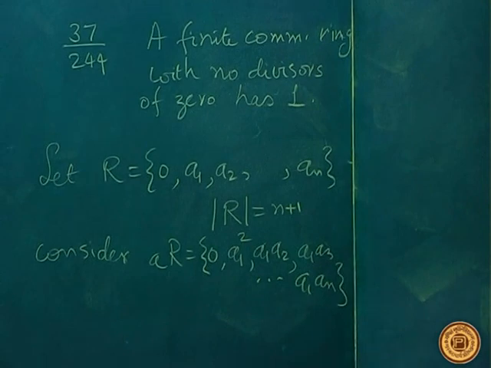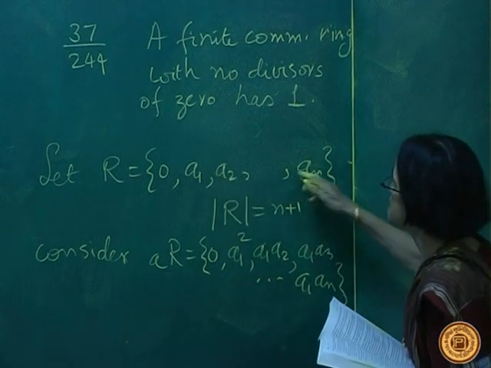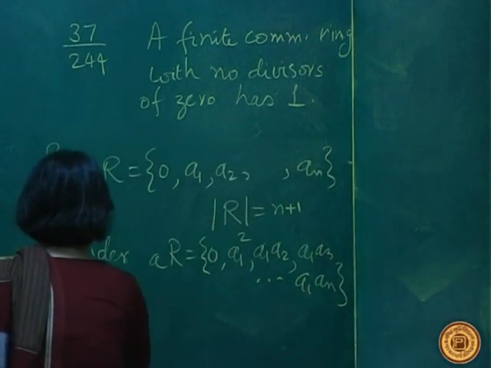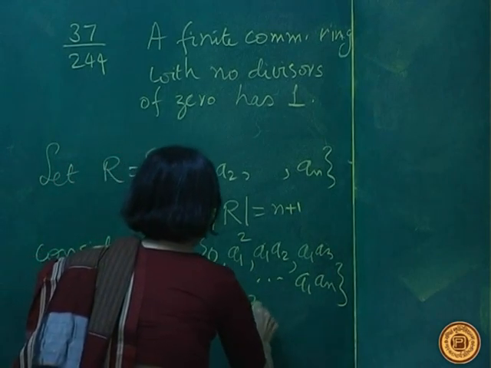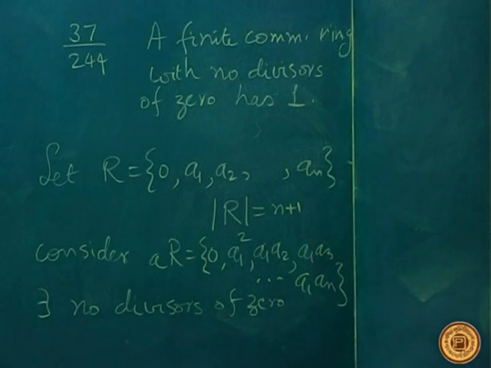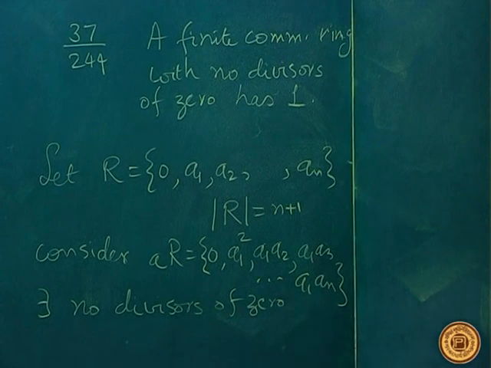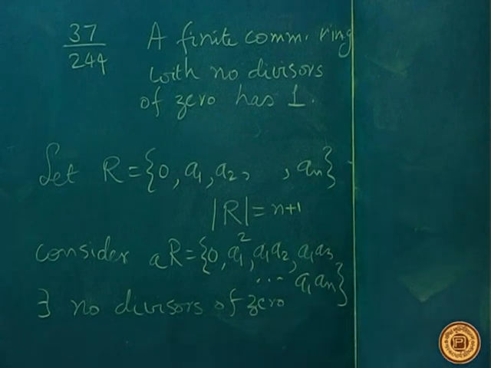So what do we have? These are all the same elements as these because there are no divisors of 0. So first we have to check that these elements are exactly the same as this. If not, two elements here will be the same and then A1 will be a divisor of 0.